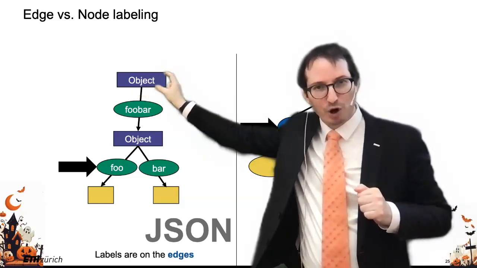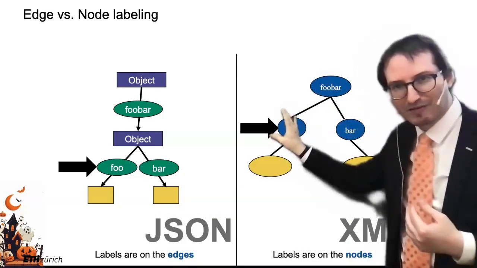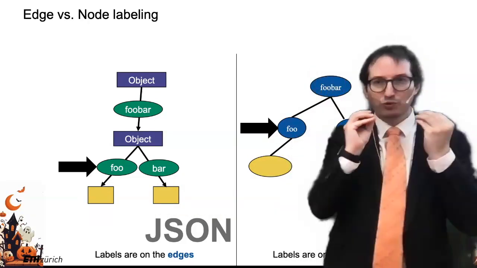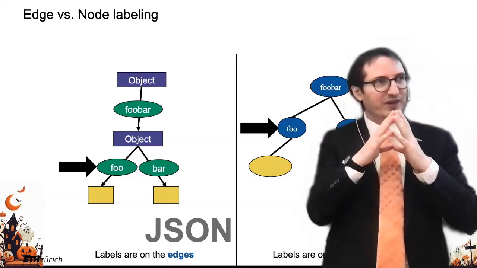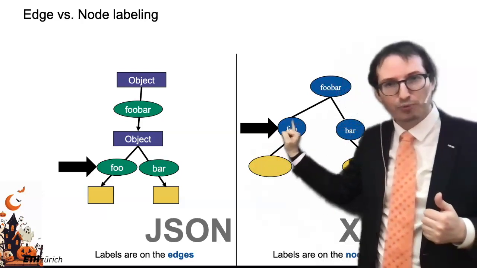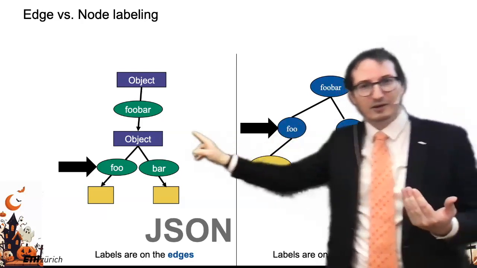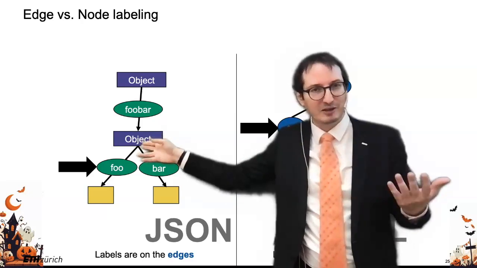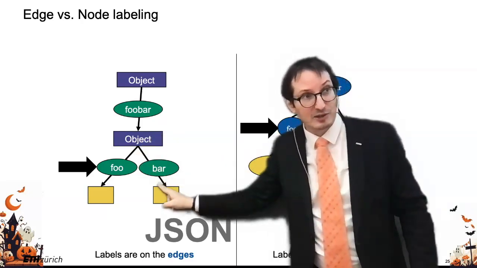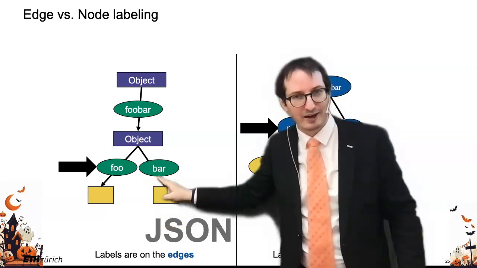So here, for example, you have object nodes, you have number nodes, and so on. In XML, you have element nodes, you have text nodes, and so on. The next thing you do when you define these nodes is that you say what properties they have. For example, a property of that node is that its name is foo, right? Here, a property of that node might be that it's an object, right? But bar is a property of the edge. It's not a property of the node here. So formally, it's a property of the edge.